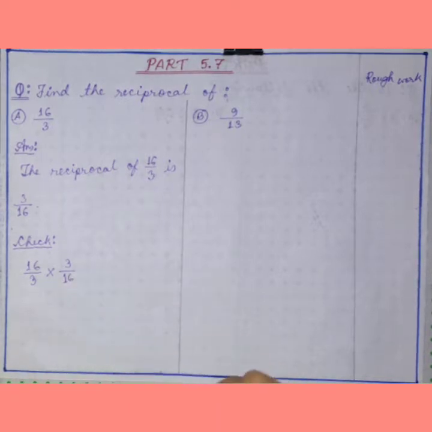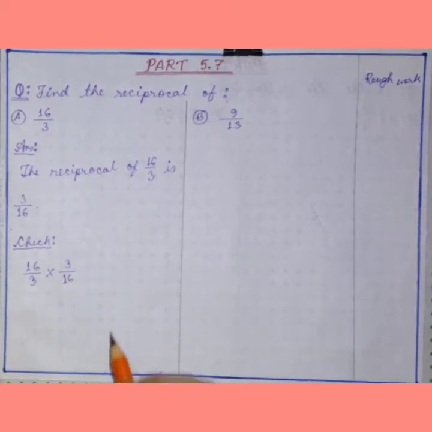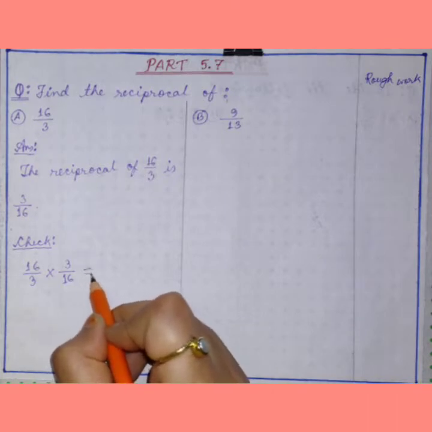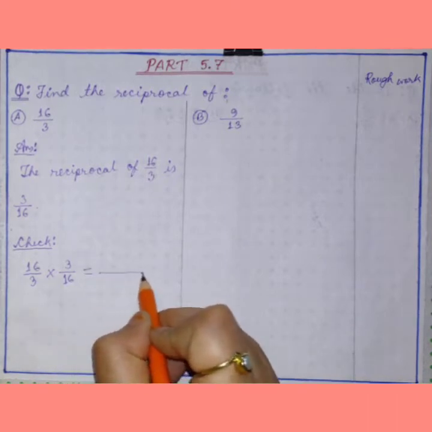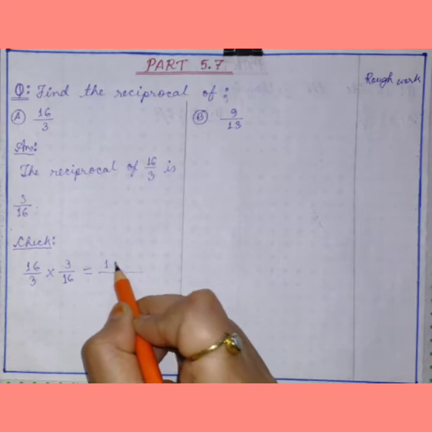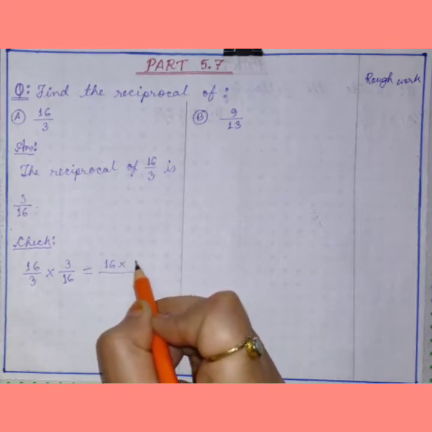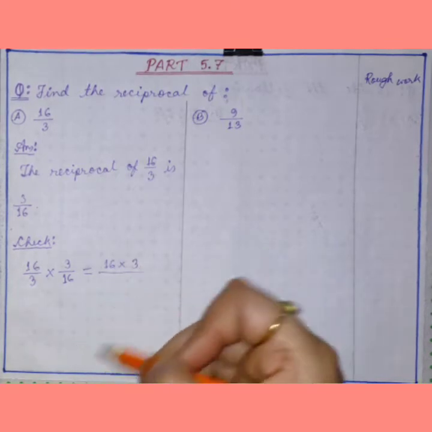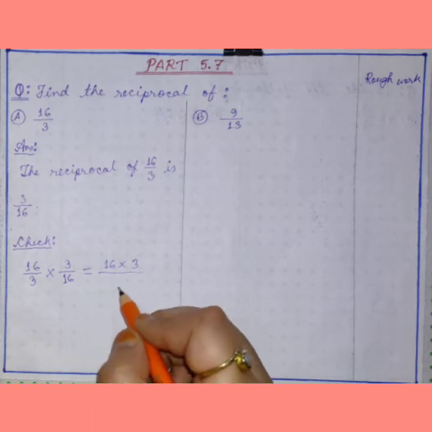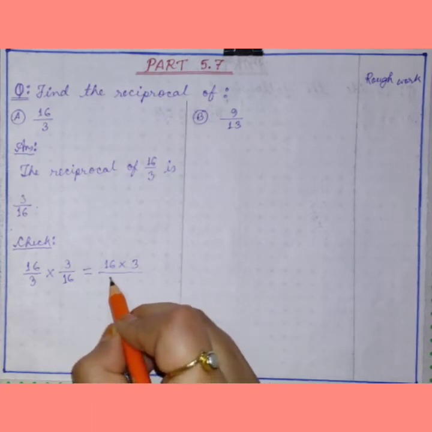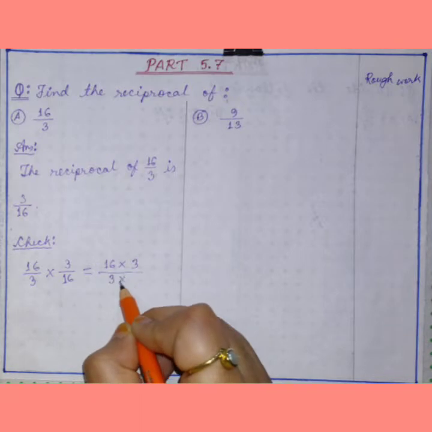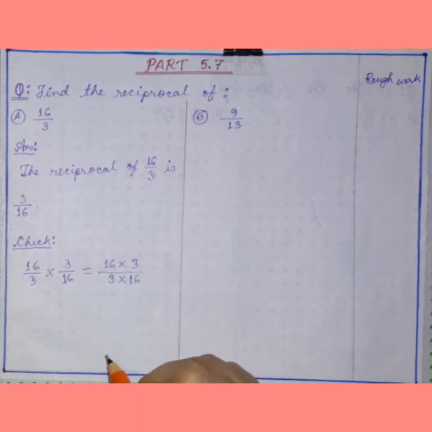We will multiply them. How to multiply two fractions? We multiply the numerators, here 16 and 3. Then the next step is to multiply the denominators, here 3 and 16.